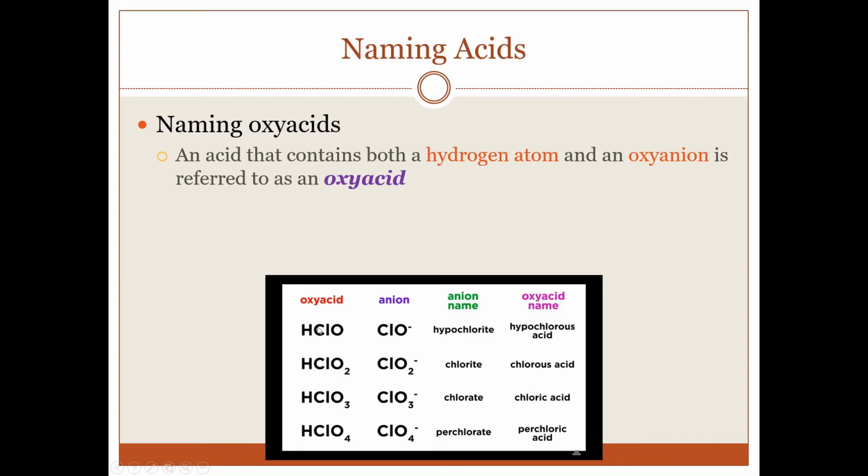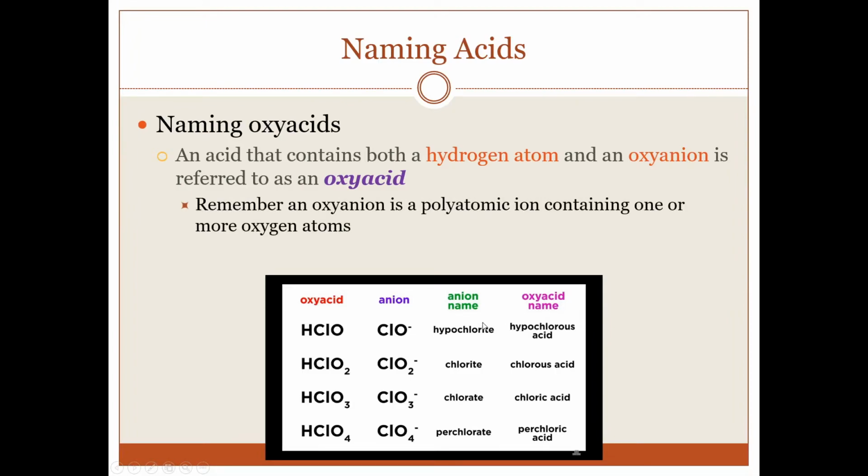So we have hydrogen, chlorine, and oxygen. The anion, remember an meaning negative, so the anion is going to be ClO. The name is going to be hypochlorite. And the oxyacid name is going to be hypochlorous acid. So that's just one example.